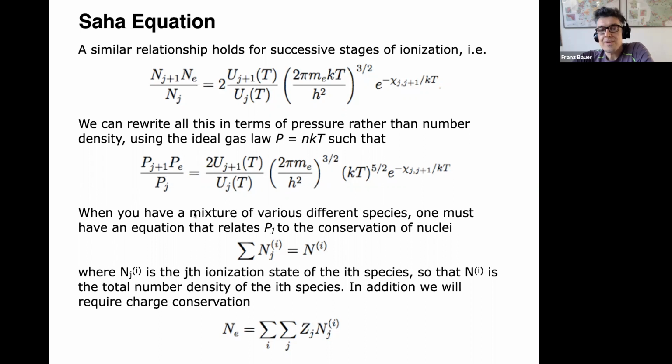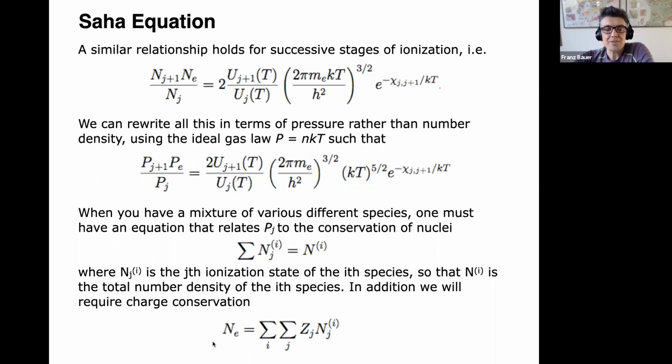When you have a mixture of different species here, then you typically want to relate this equation, which relates the pressure, to the conservation of nuclei. And so you want to have the sum of the nuclei of all of these different stages equal to the total number, which should make sense.